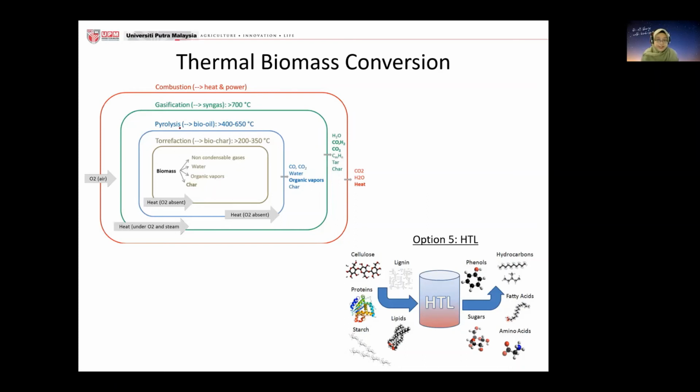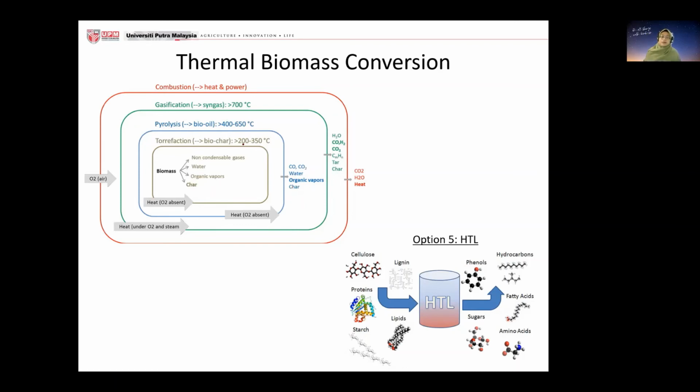Third one is pyrolysis. Pyrolysis is usually a process where the temperature is around 400 to 650 degrees Celsius. This type of process will produce bio-oil. Along with that, it also produces CO, carbon dioxide, water, organic vapors, and char.